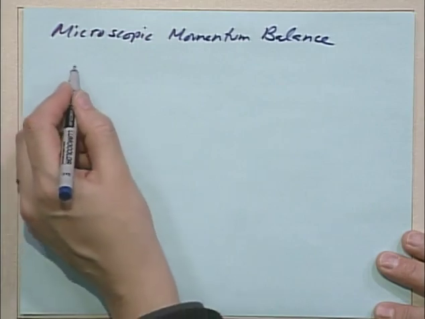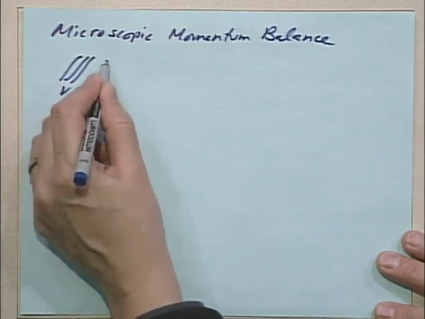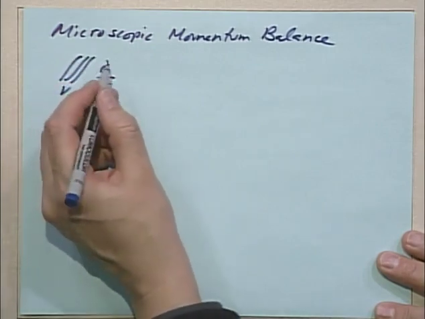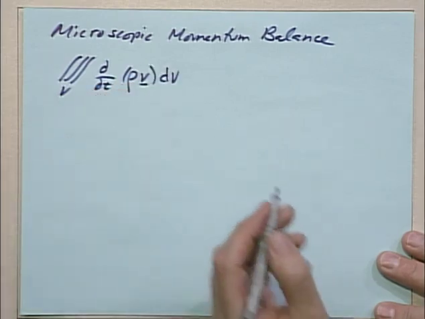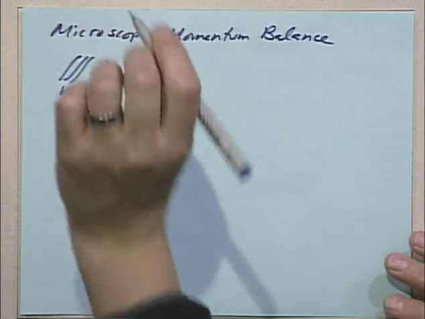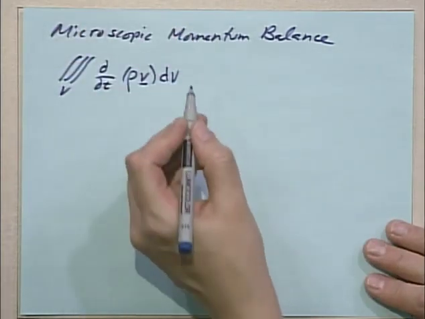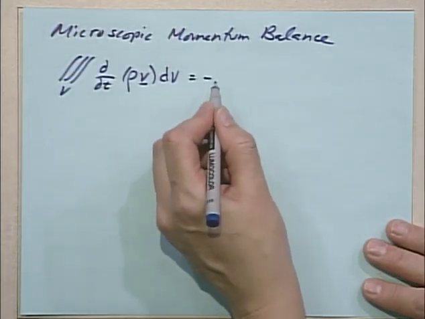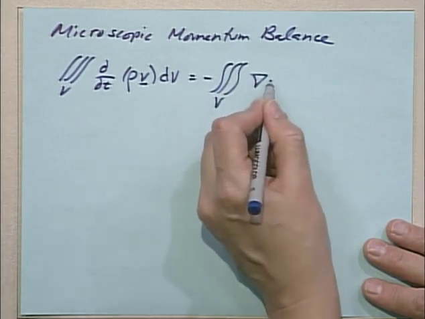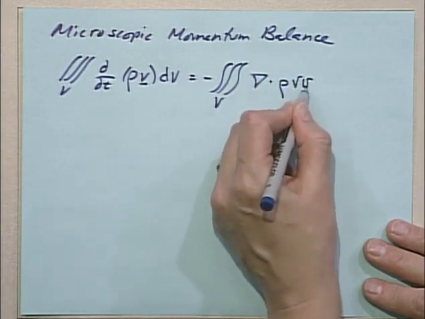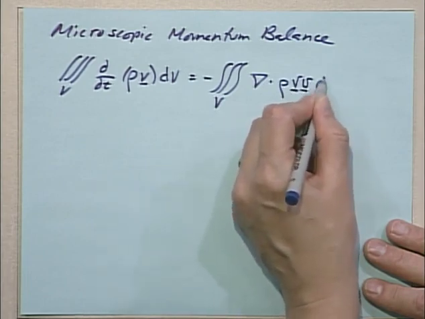We have this rate of change term, partial with respect to t of rho v dv. That was the rate of change of momentum in our volume. The net flow in after the use of the Gauss divergence theorem was del dot rho vv dv.